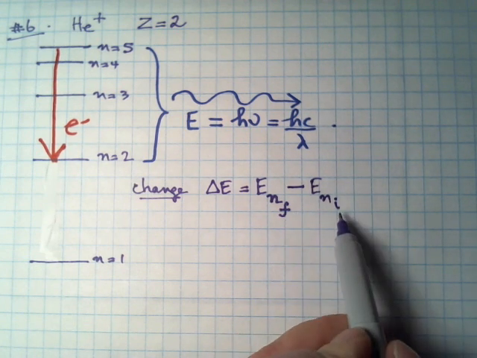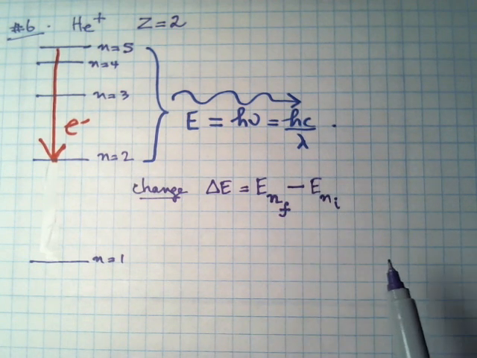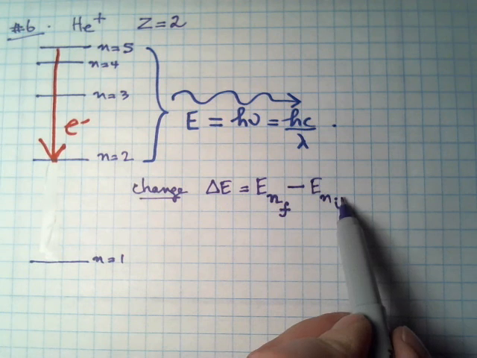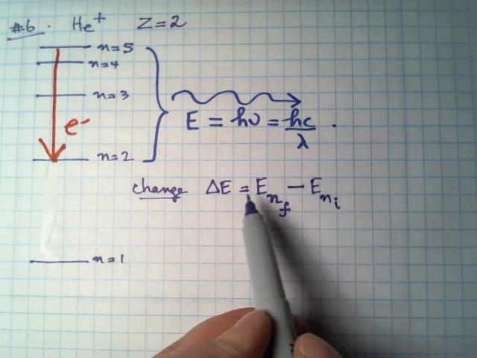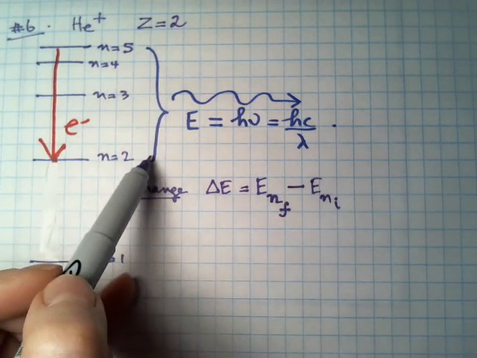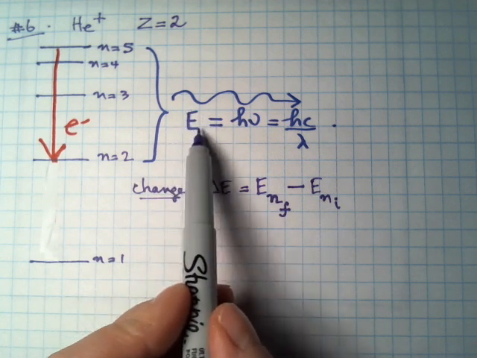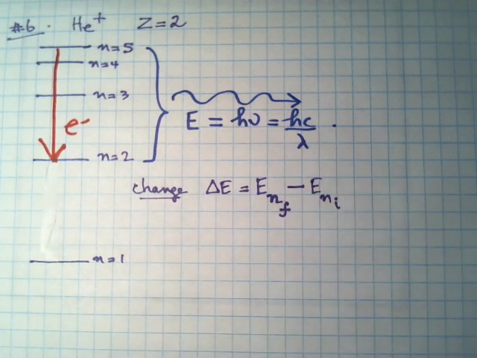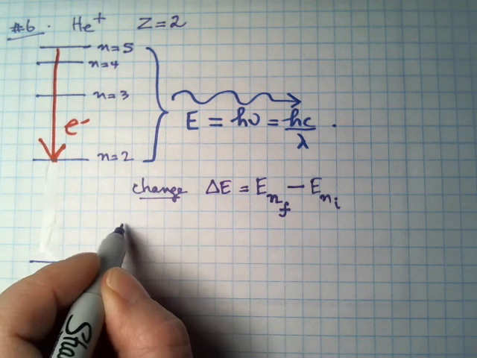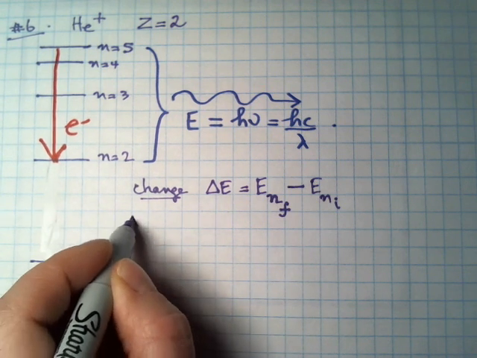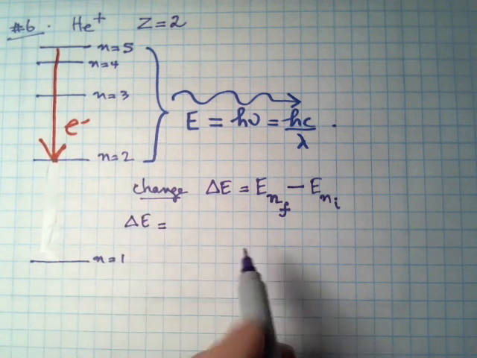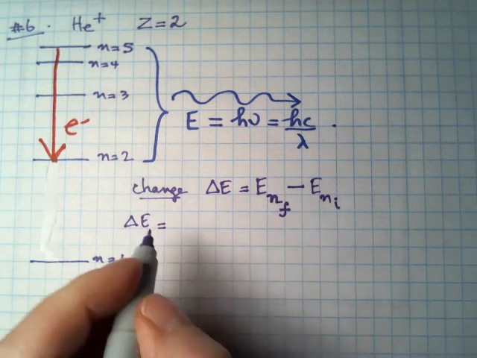So it's final minus initial. Great. And when I find that change in energy, that difference is actually equal to the energy of each photon coming out. So delta E is equal to, what did I have for the energy of any n level?